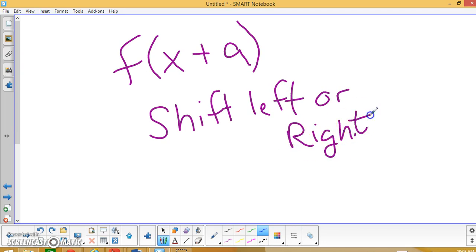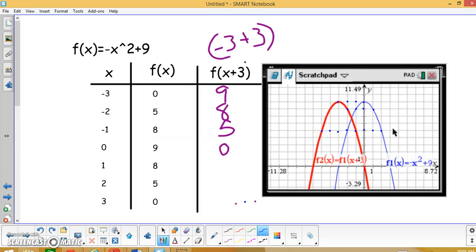Now, we saw that on this one we had a positive number, but it shifted to the left. It shifted negatively.